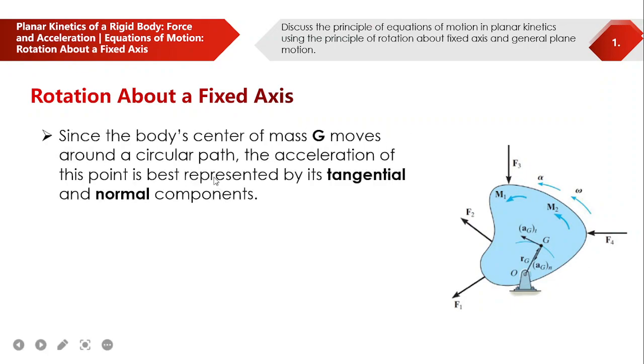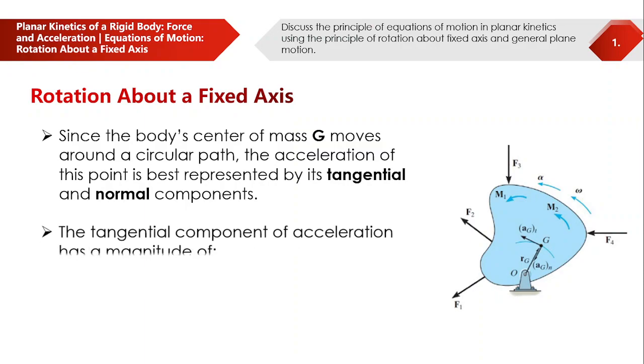Since the body's center of mass, G, moves around a circular path, because it rotates about a fixed axis, it will move in a circular path. So the acceleration of this point is best represented by its tangential and normal components, and we all know that when we are dealing with a circular path, there are tangential and normal components.